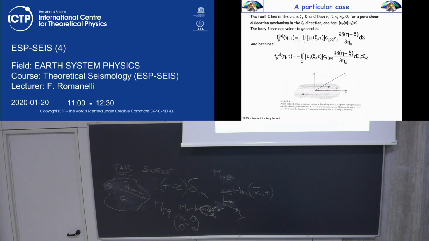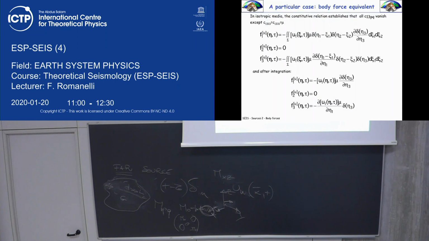Let's give it a look. Let's consider an isotropic medium, so we have just lambda and mu. Plus, we have a pure shear dislocation that is acting along x. Only mu, and going in that direction.